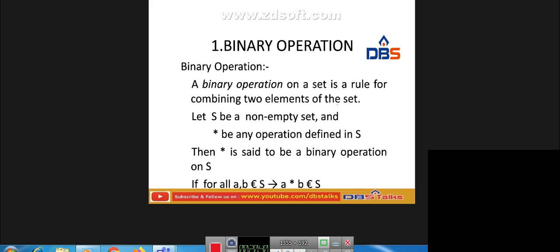So a binary operation on a set is a rule for combining two elements of the set. Let S be a non-empty set and product be any operation defined in S, then product is a binary operation on S, if for all a, b belongs to S, a product b belongs to S.